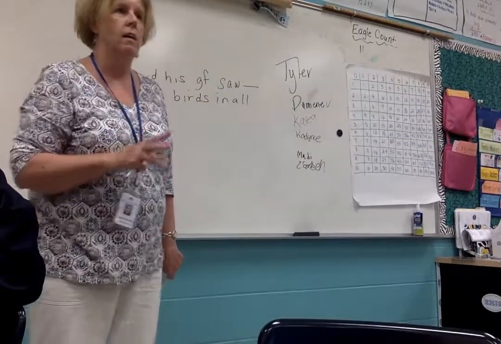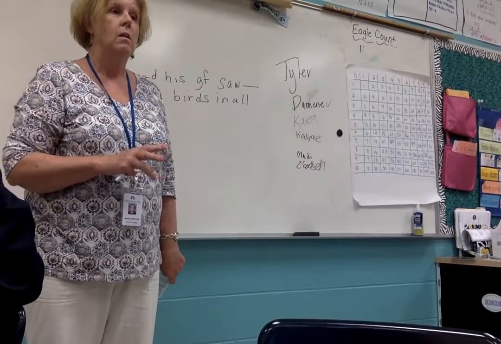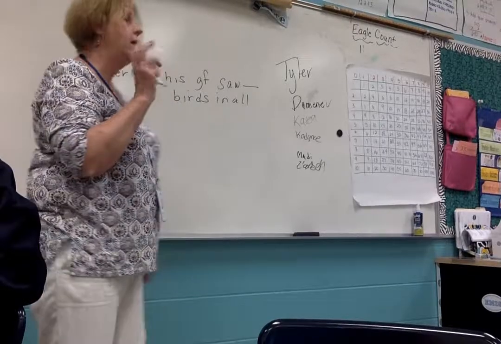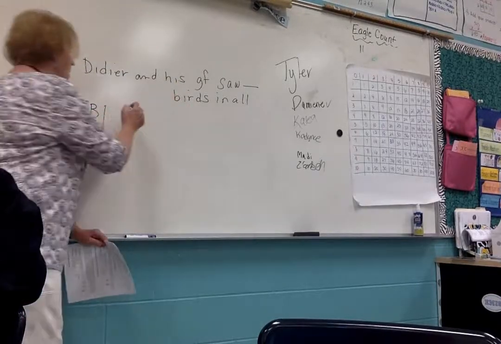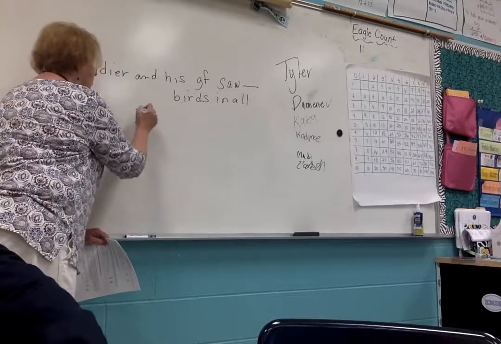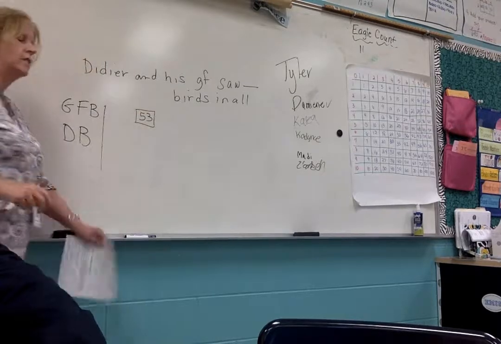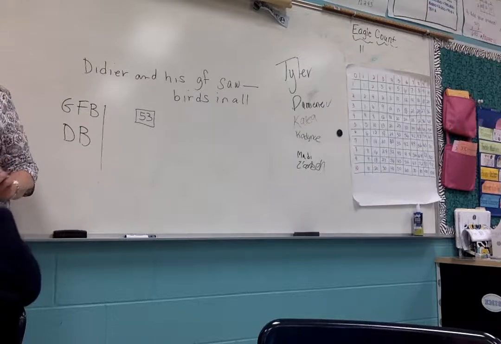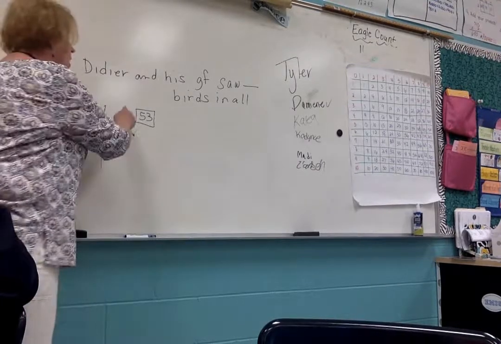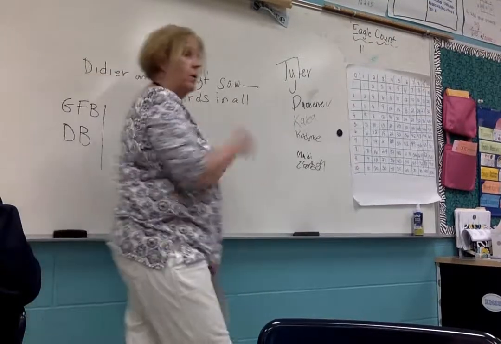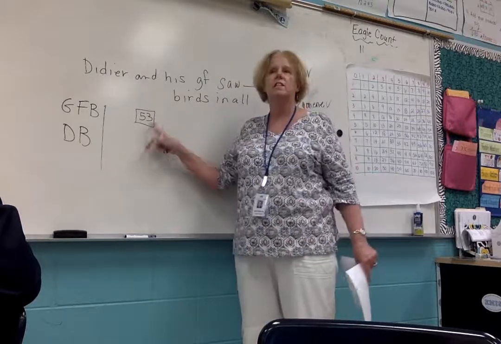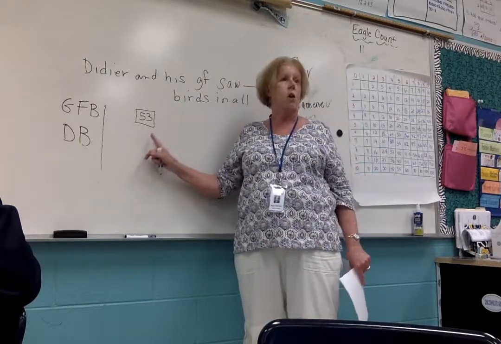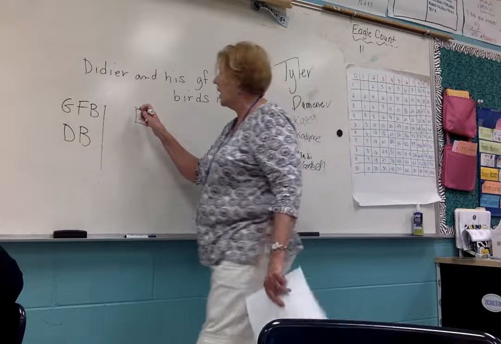What did she see? 53 more birds. So she has to have something over here with 53 more, but she also saw some other birds, right? She saw some more birds because this box is in addition to what she saw. So I need another what over here?